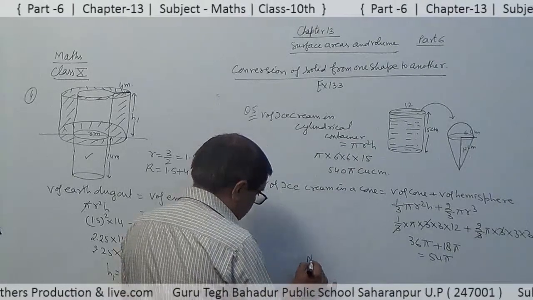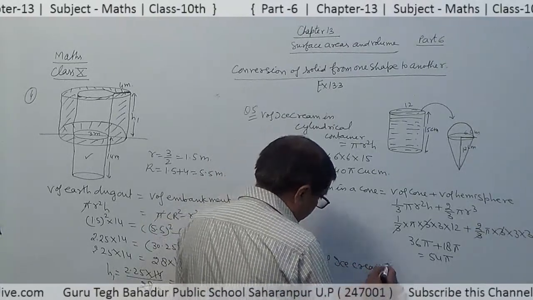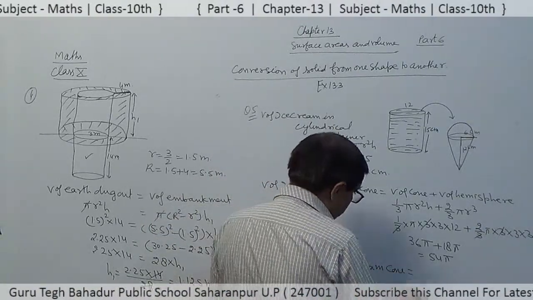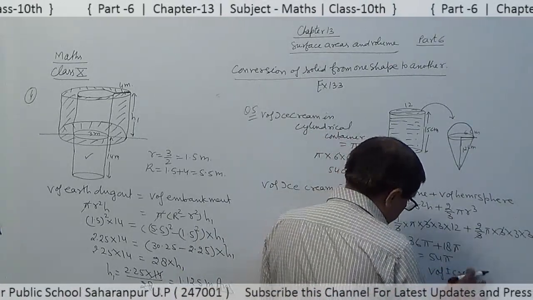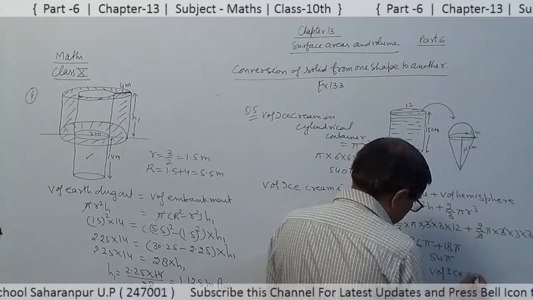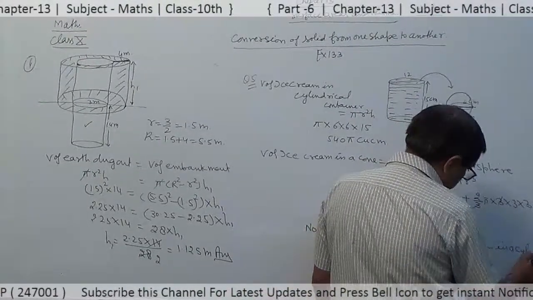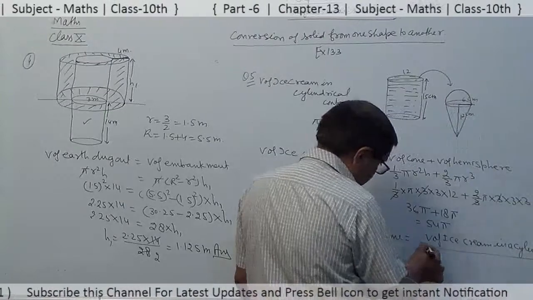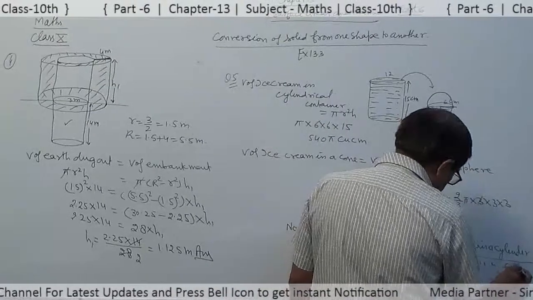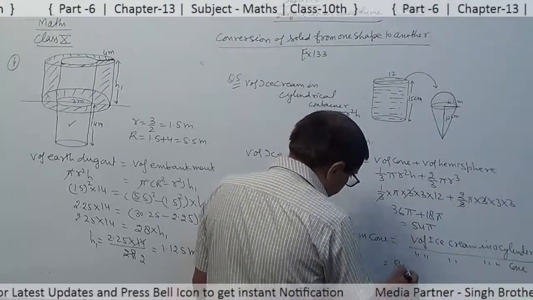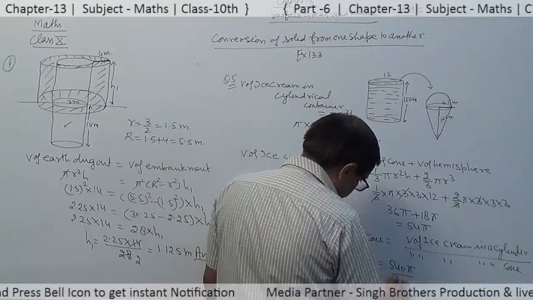So the number of ice cream cones is equal to volume of ice cream in the cylinder upon volume of ice cream in a cone, that is equal to 540 pi upon 54 pi.